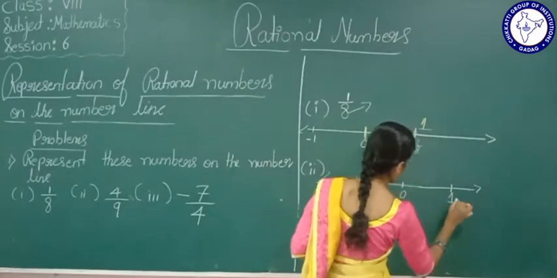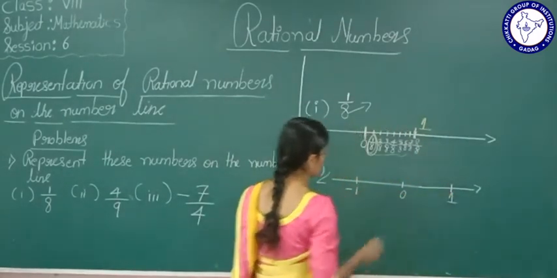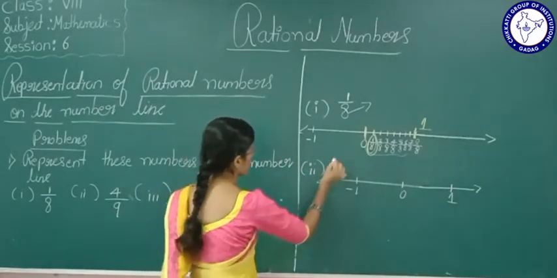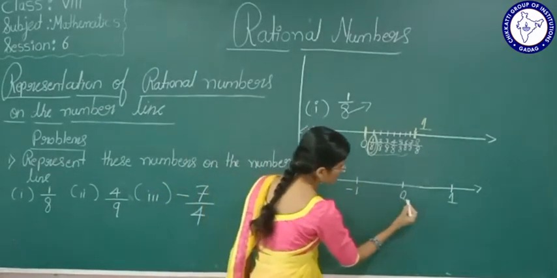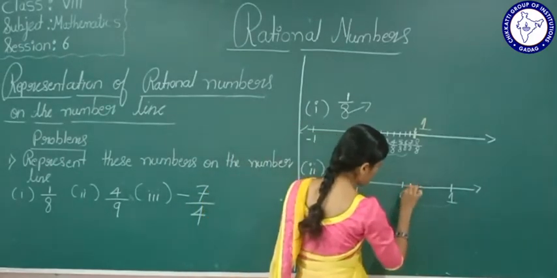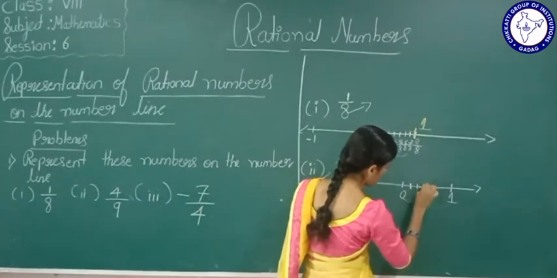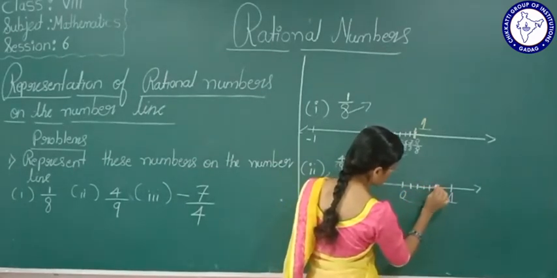It will lie between 0 and 1. What do we want to represent? We want to represent 4 by 9. Divide 0 and 1 into 9 equal parts. 1, 2, 3, 1 part, 2, 3, 4, 5.